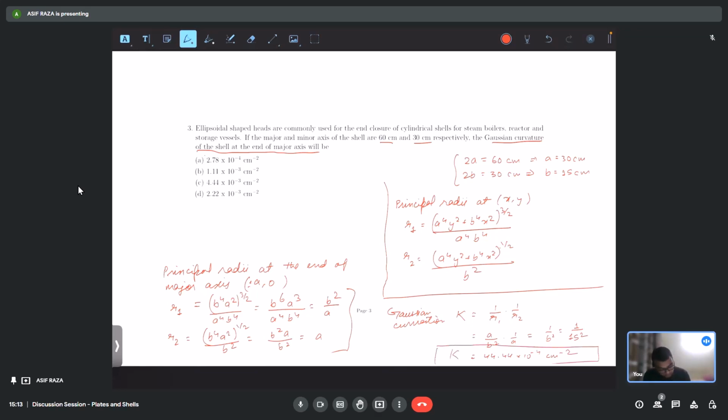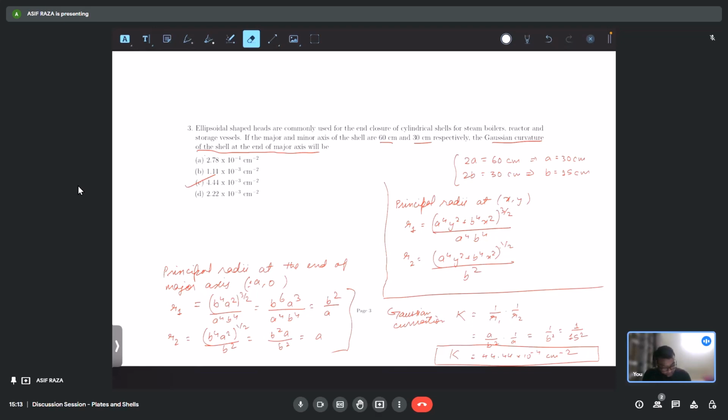So the correct answer is, sorry, 4.44 into 10 to the minus 3, simplifying it, that is 4.44. So the answer would be option 3, option C.